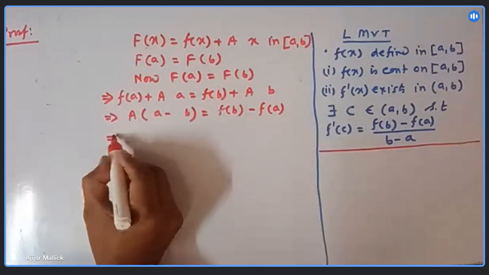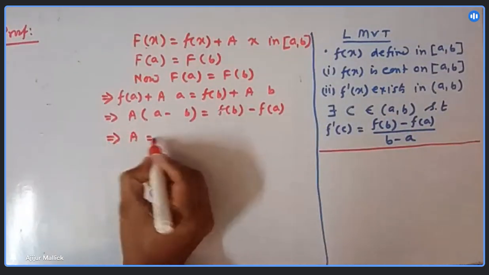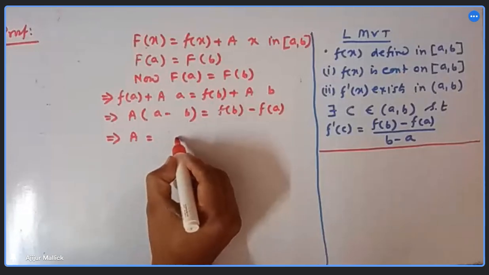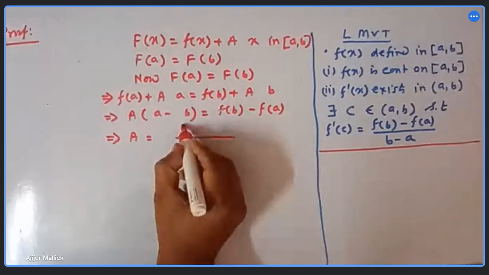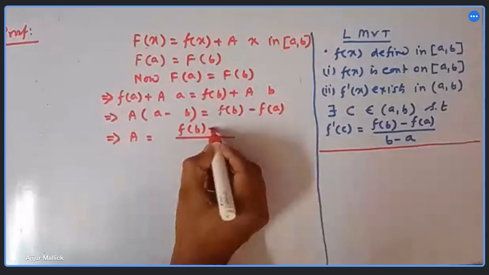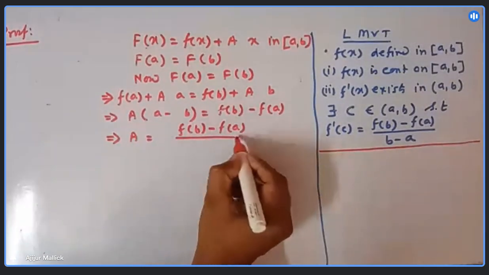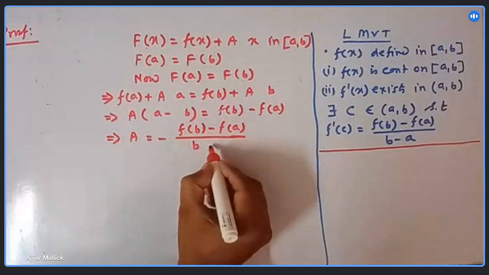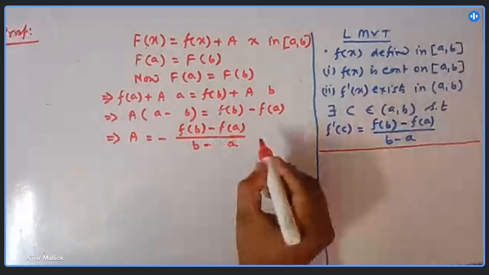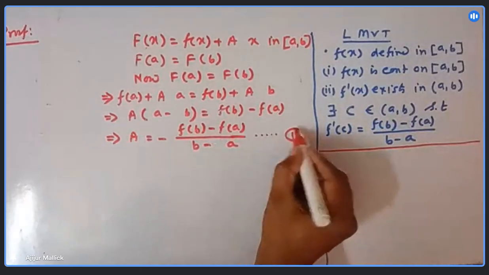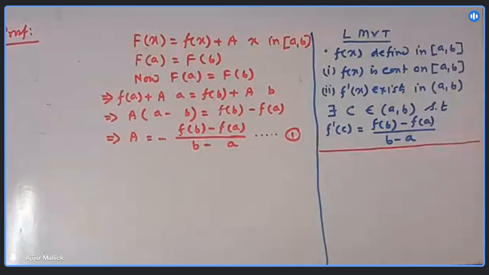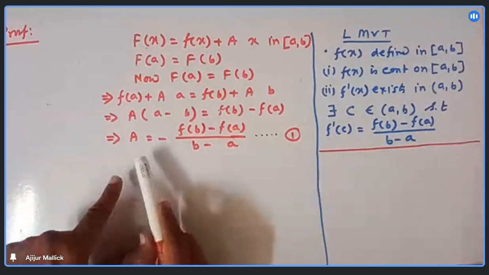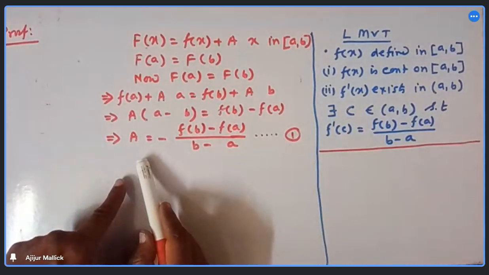So this implies capital A is equal to f(b) minus f(a) divided by minus of (b minus a). And this is number one. So we are getting the value of capital A.